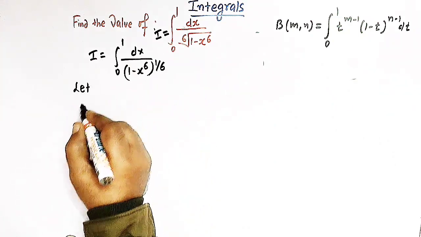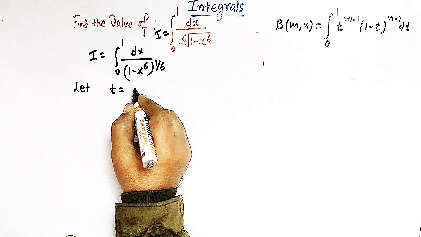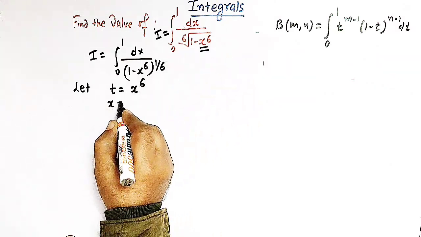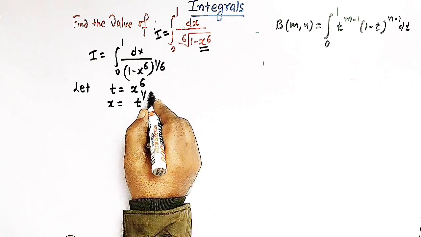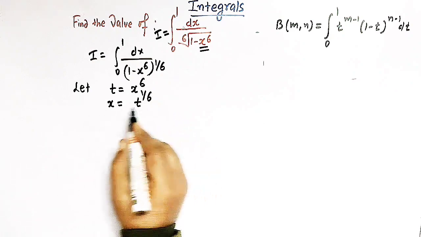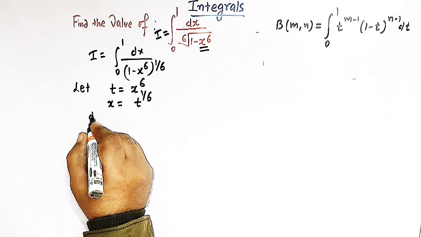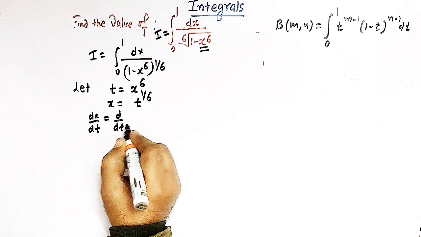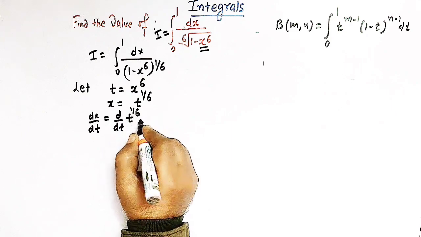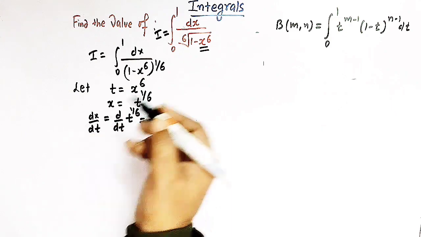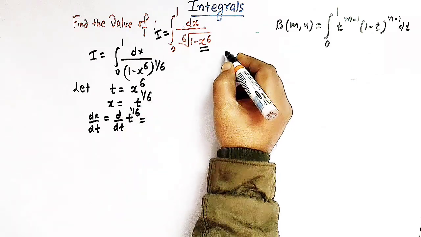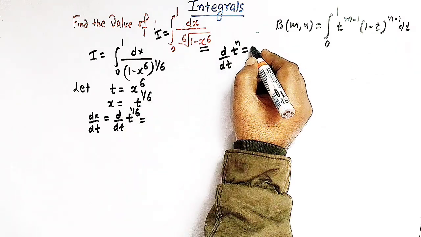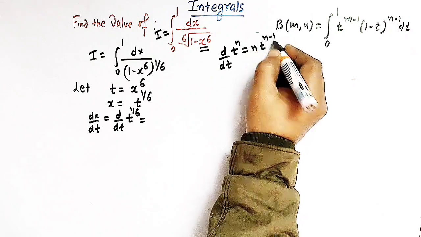and let us make this substitution, that is t is equal to x raised to 6, so that we can write x is equal to t raised to 1 over 6. Now let us differentiate x with respect to t. So we can now write dx over dt is equal to d by dt of t raised to 1 over 6. So using the power rule, that is the derivative of t raised to n is given by n times t raised to n minus 1.